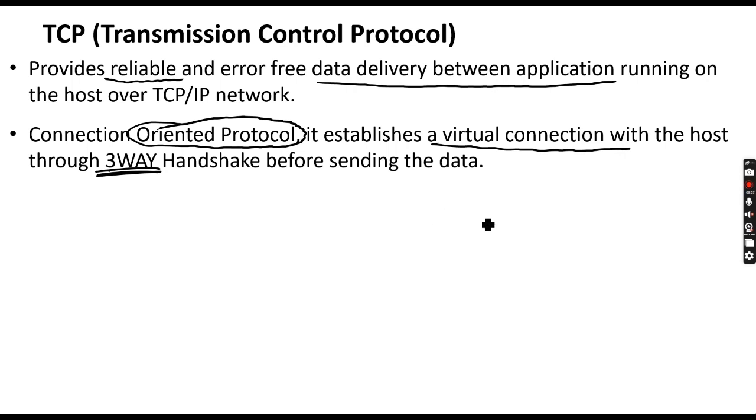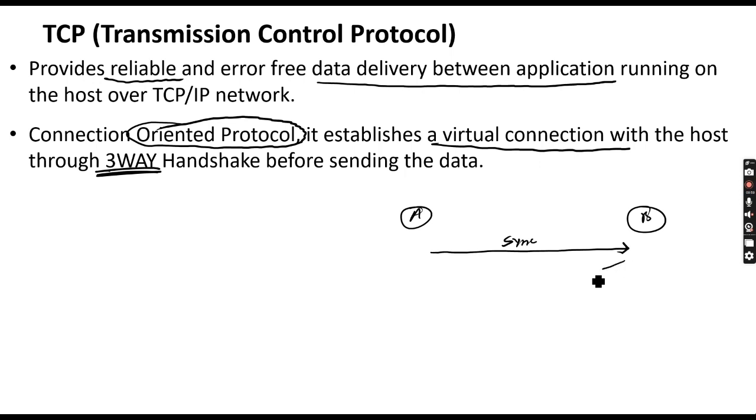I will show you. The three-way handshake is like this, between A and B. A says, hey, are you there? I want to send some information, I want to open a connection. This message is called the SYN message. SYN means I want to open some port numbers to forward some information.